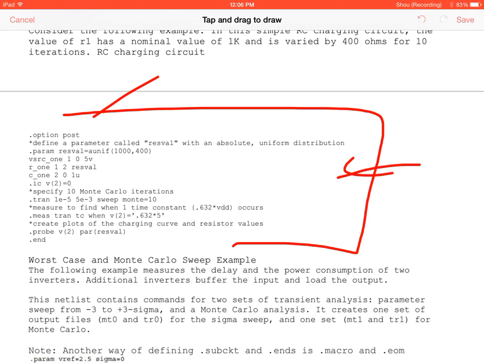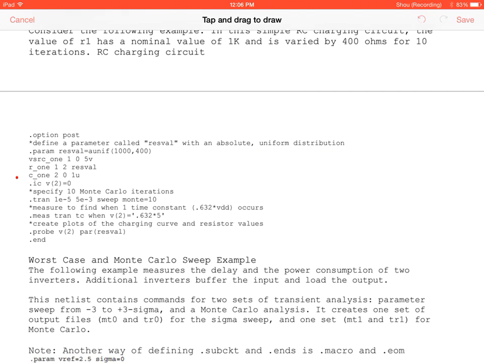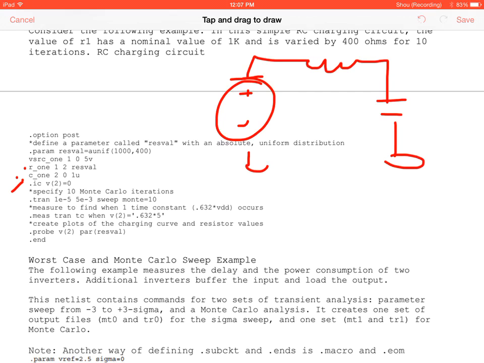So we have our .option post. We have defined our absolute uniform distribution, which we've called resval. And we've defined our voltage source, VSRC1. We have R_1, C_1 node. So we have 1 and 0. We have our voltage, we have our resistor and our capacitor, and they're both tied to ground.